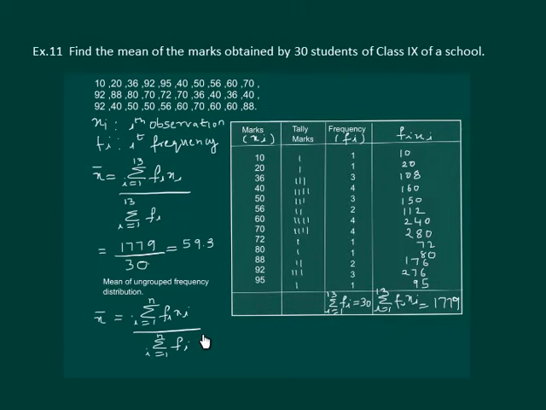This is the formula that we will use to find the mean from an ungrouped frequency distribution table.